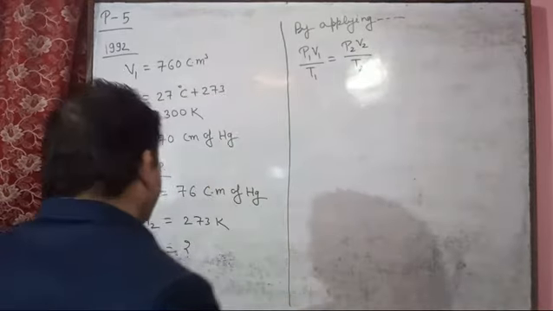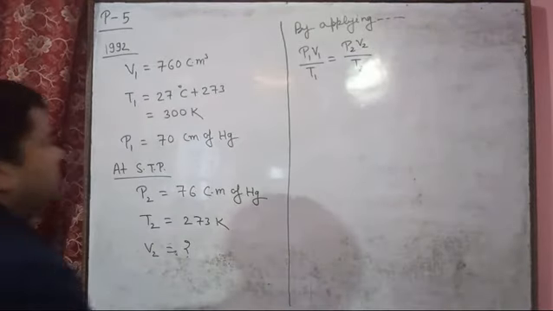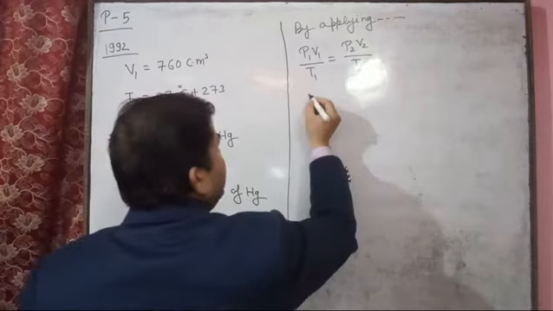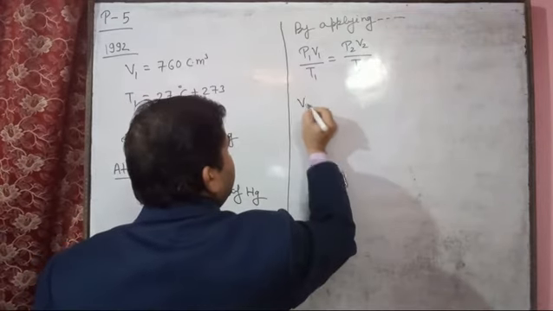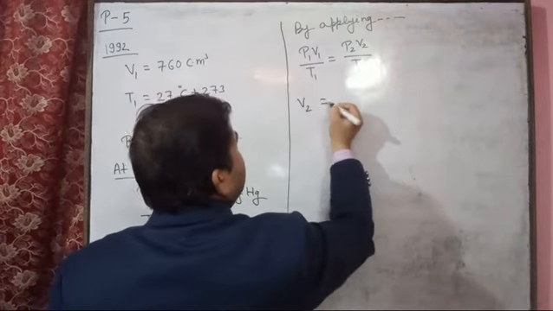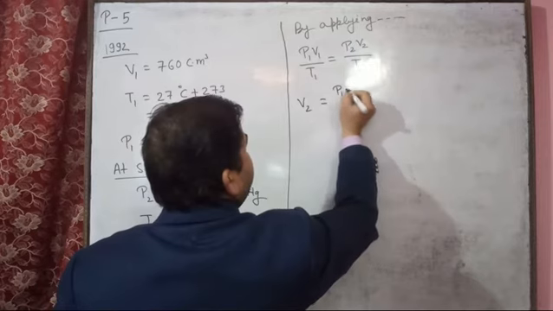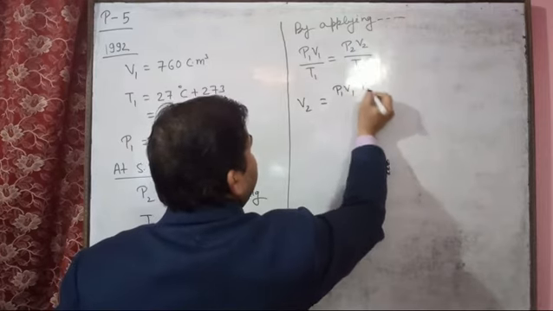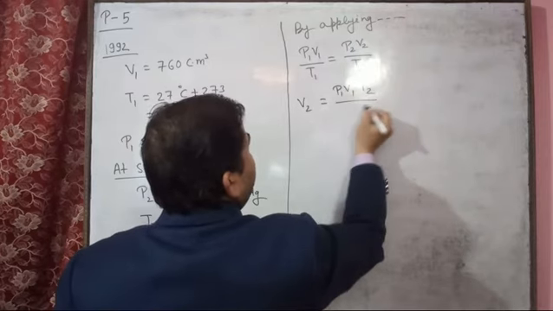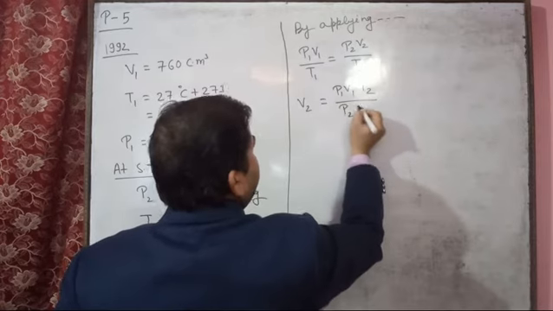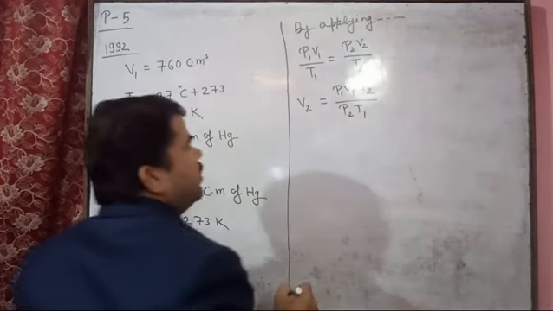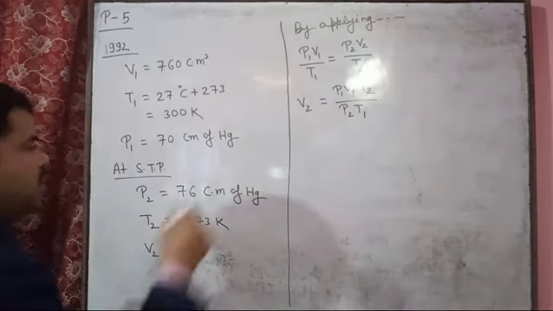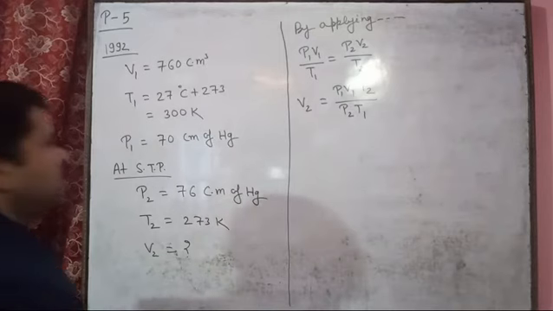Then we have to determine V2, so V2 equals P1 V1 T2 upon P2 T1, and in this formula we will put the values.